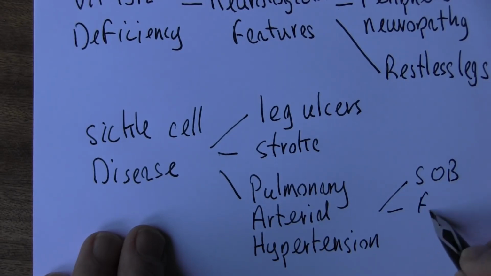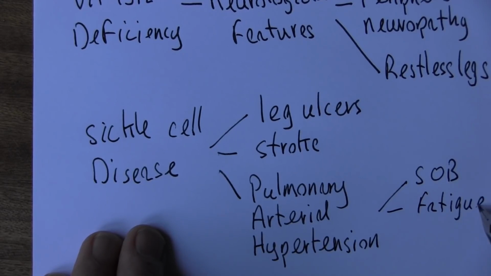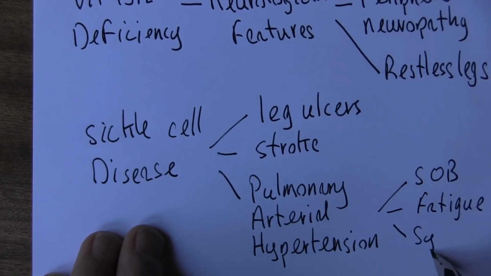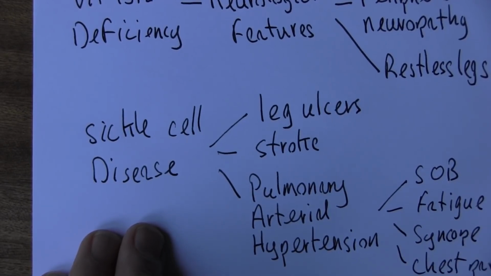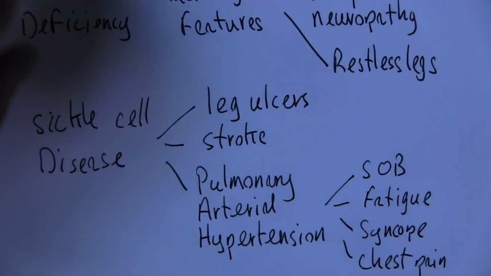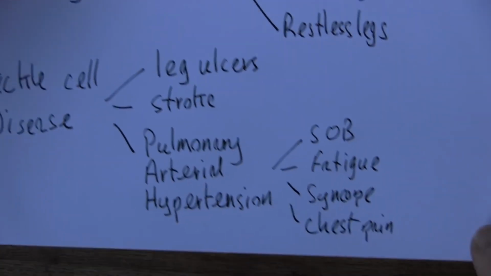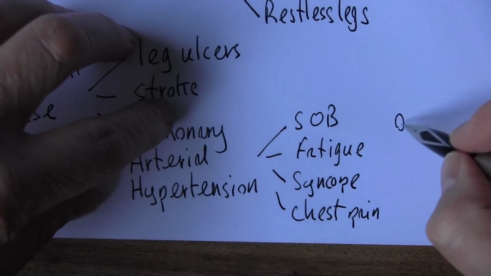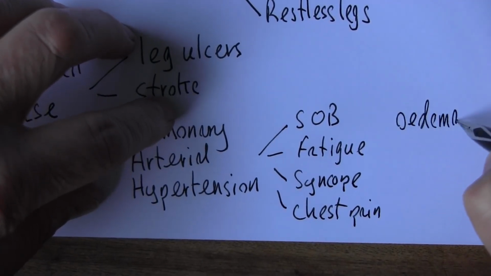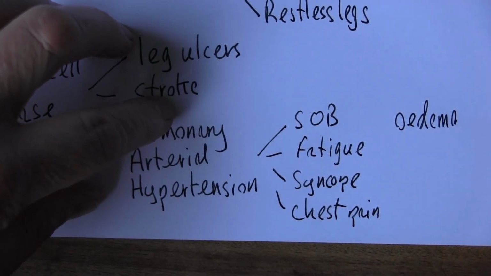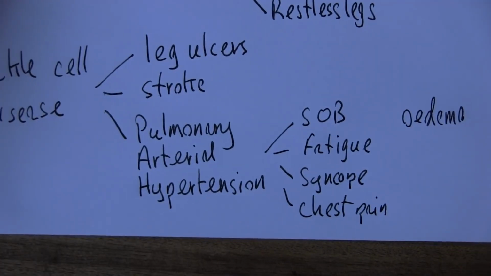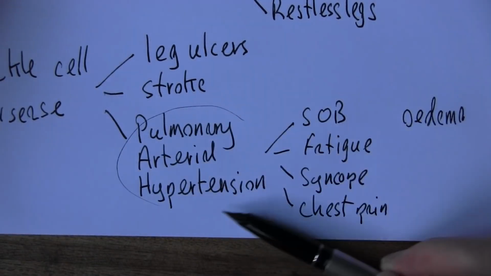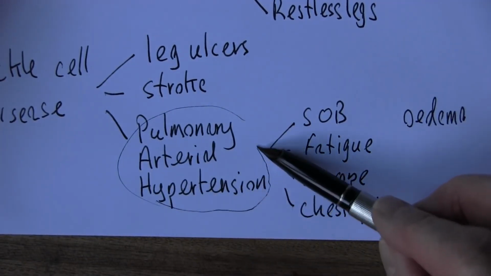Fatigue, syncope, chest pain, chest tightness especially, can lead on to systemic edema, cyanosis, tachycardias. If you wanted to know that in detail, look at the features of pulmonary arterial hypertension.